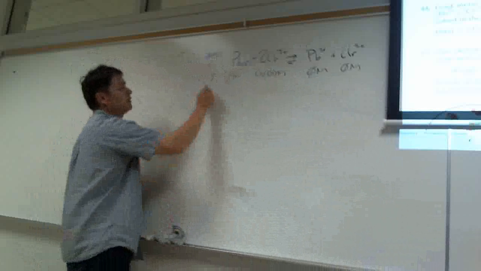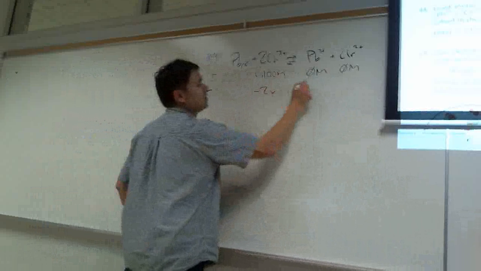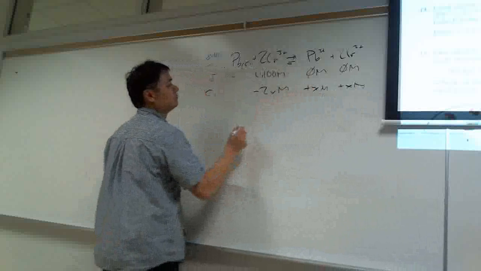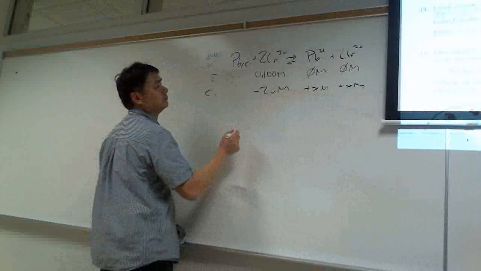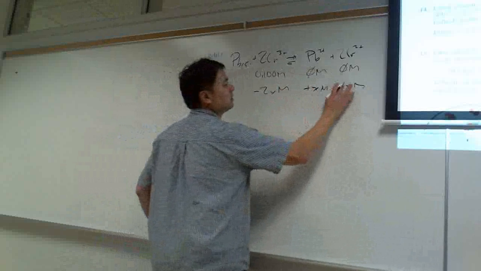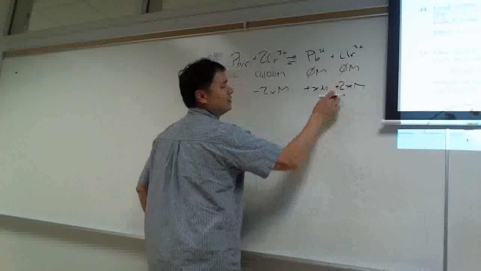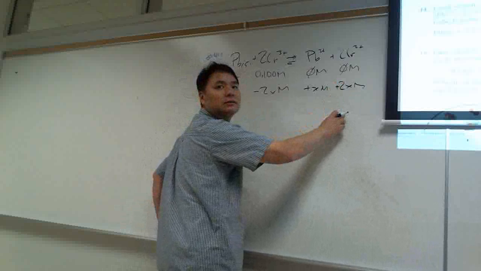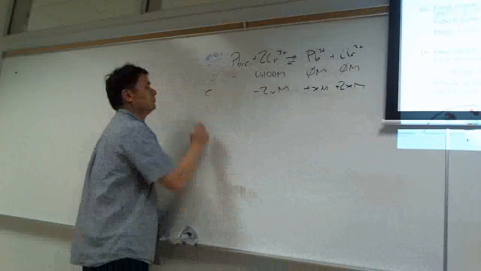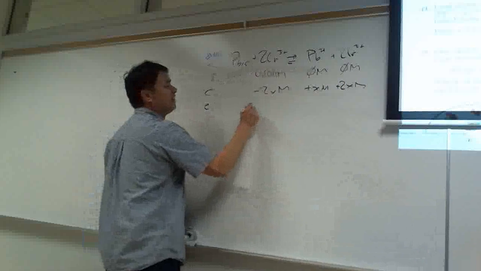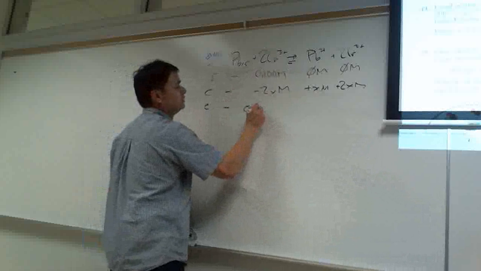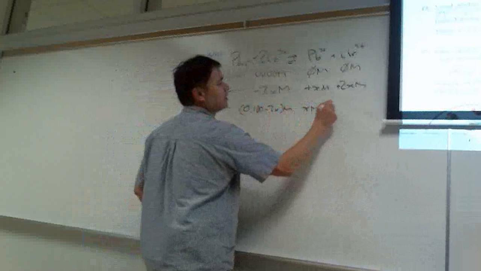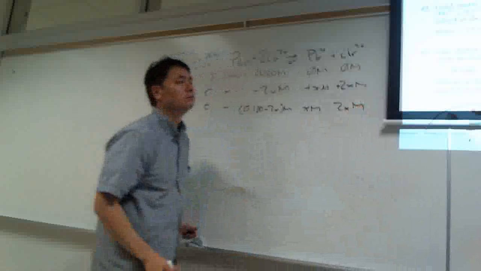And so we know that the change is going to be minus 2x, plus x molar. Plus 2x? For chromium 2? Oh, plus 2x, sorry. Then I screwed up. This was plus 2y. This should have been 0.100. Sorry. And so at equilibrium, I'm going to have 0.100 minus 2x molar, x molar, and 2x molar.